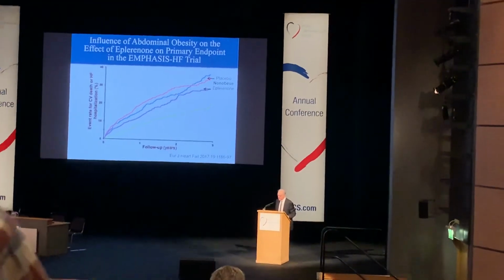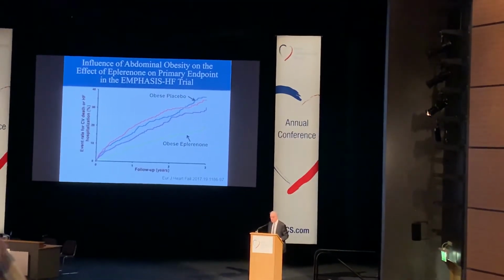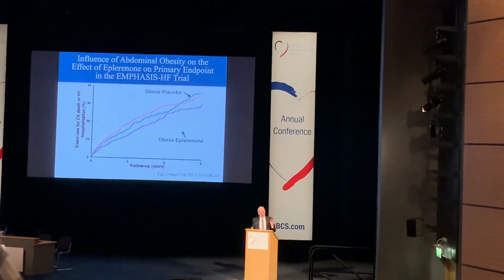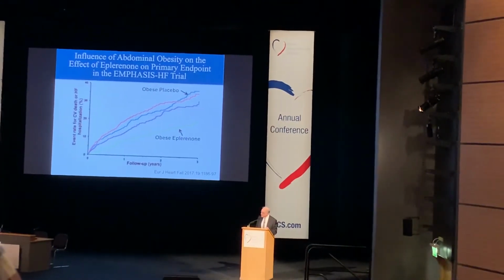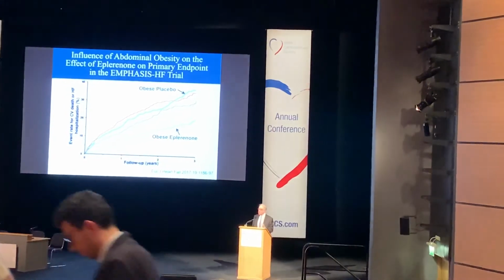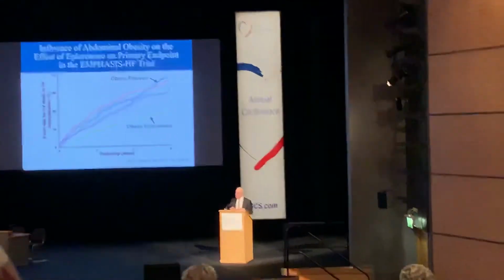This is the effect of eplerenone in patients who were obese. There's an over 50% reduction in the risk of the primary endpoint with eplerenone in patients who had visceral adiposity compared to those who didn't have visceral adiposity.